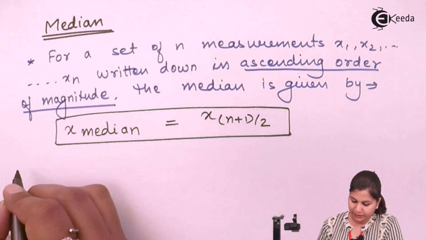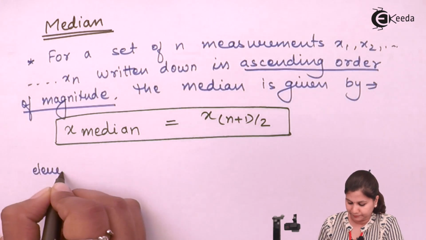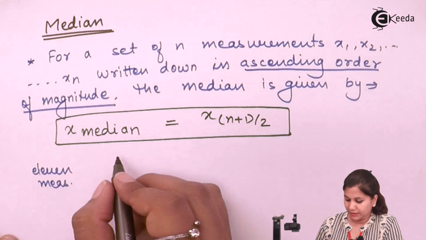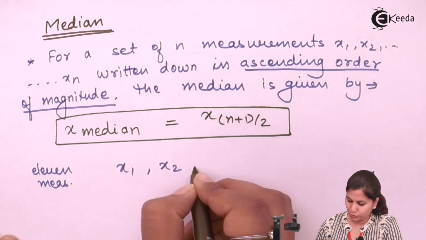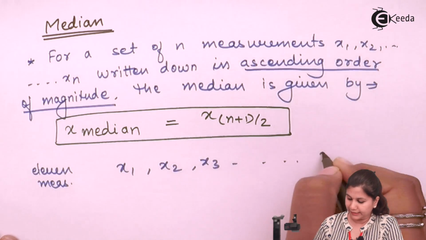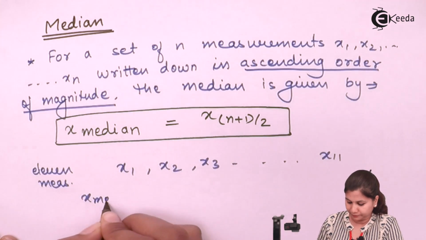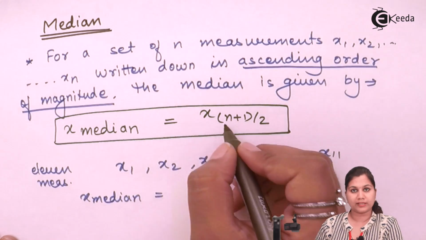Let's take an example. Suppose that there is a set of 11 measurements, and these measurements are written in the ascending order of magnitude, like x1, x2, x3 till x11. So the median will be given as x of (n plus 1) by 2, where n is 11.